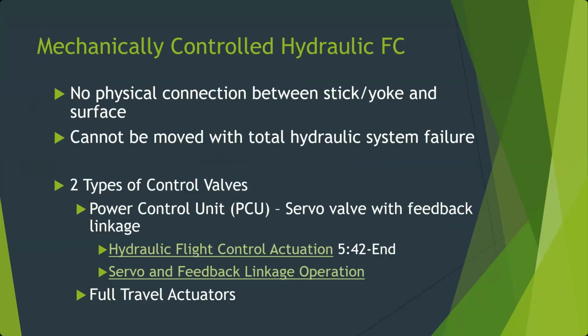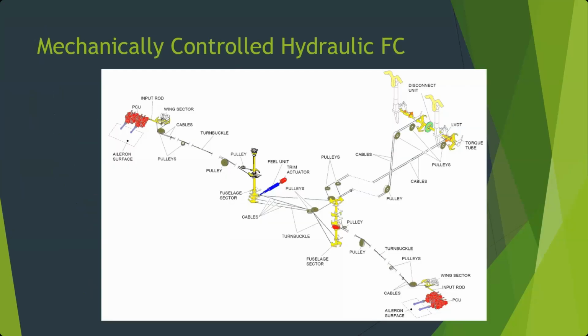If we look at the general assembly of something like this, here we can see we have the cockpit flight deck in the upper right, and most flight decks have two yokes. So here are our two yokes, and this is showing the aileron system. Those two yokes are going to control a whole bunch of cables.